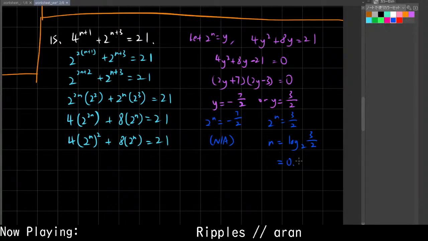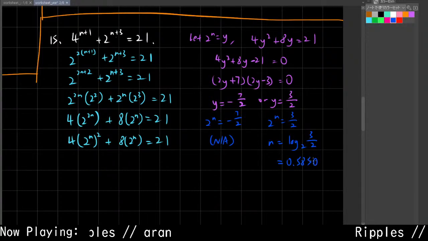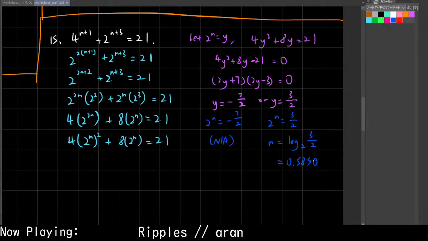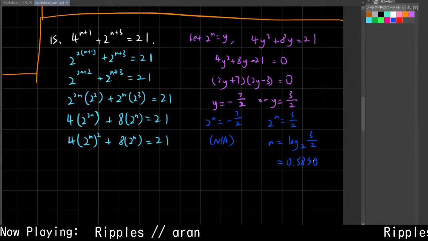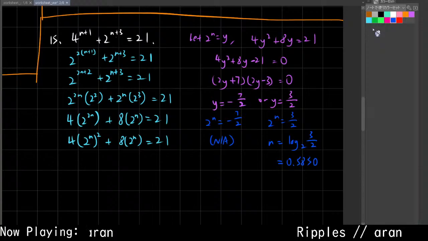Then you get n equals 0.58496. Anyway, round it off to get 0.585. You can throw it back into the equation to double check, you should get the same answer. But anyway, this is your n, therefore it's the answer. And done.